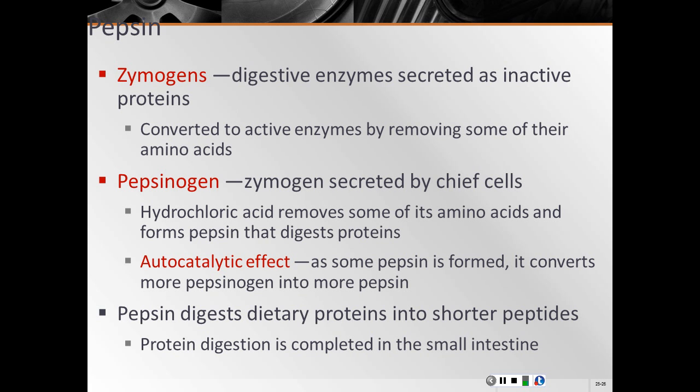Because pepsin digests protein and pepsinogen is a protein, pepsin has a catalytic effect. As some pepsin is formed, it converts pepsinogen to pepsin. The ultimate function of pepsin is to digest dietary proteins to smaller chains that are then completely digested in the small intestine.